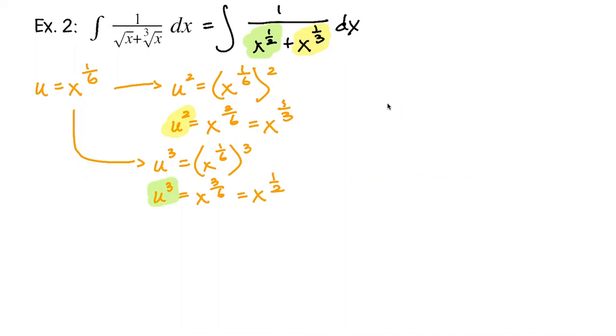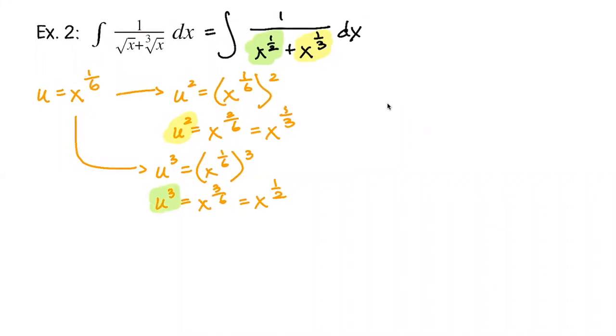But let's see what we need to do to sub out our dx, because that one we haven't subbed out yet. And so what I'm going to do is say that u equals x to the 1/6, but that also means that u to the 6th equals x. And the reason why I'm going to raise both sides to the 6th power is so that I don't need to worry about fractional exponents, okay?